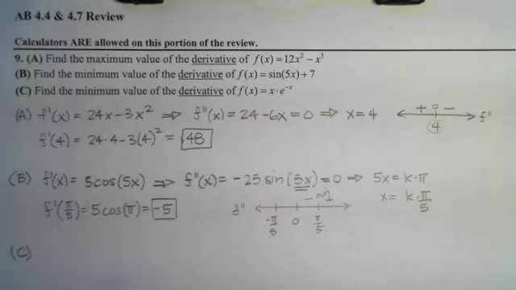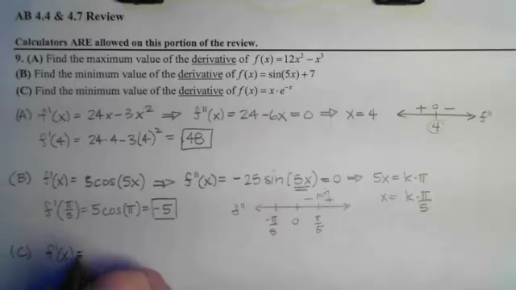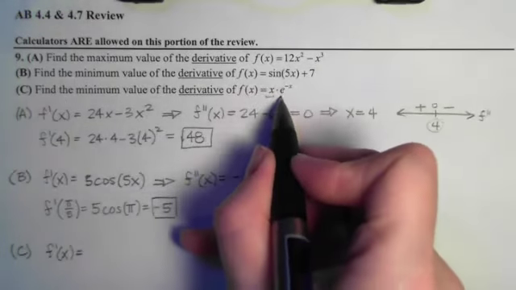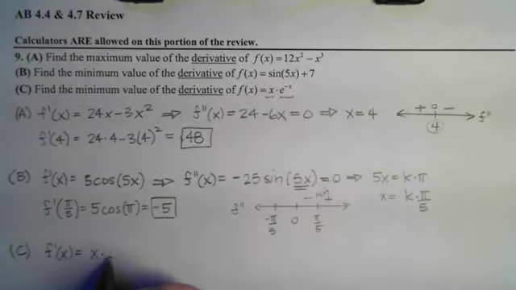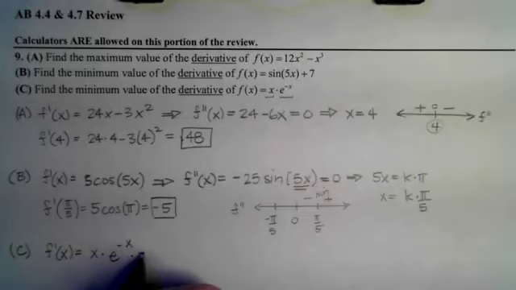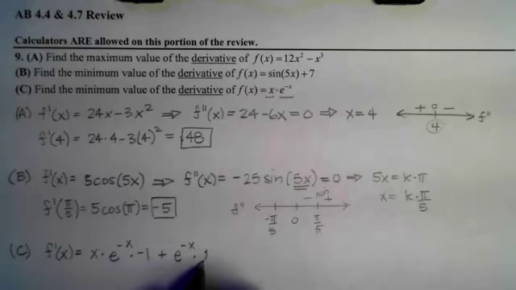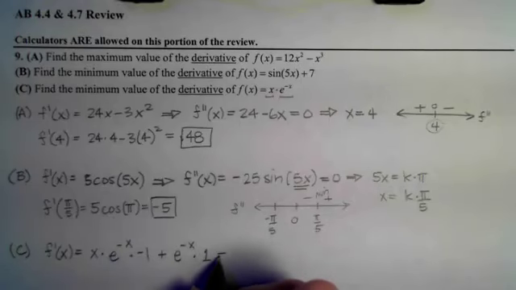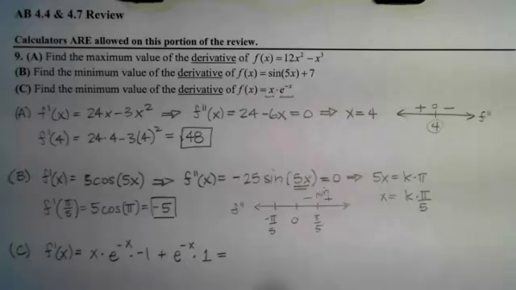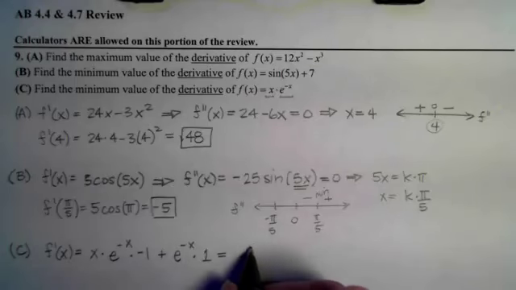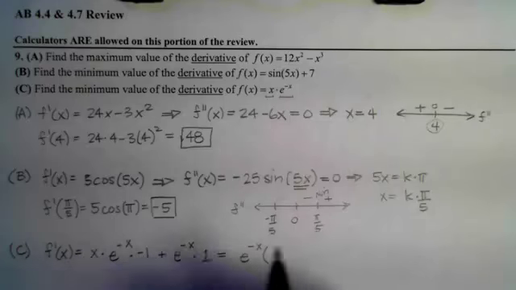Last one, part C, the minimum value of the derivative again. So I've got to compute the derivative, which requires the product rule. So I have the first one times the derivative of the second one, plus the second one times the derivative of the first. Before I take the derivative, I'm going to simplify that and pull out the e to the negative x, and I'll see that I have a 1 plus a negative x, or a 1 minus x.